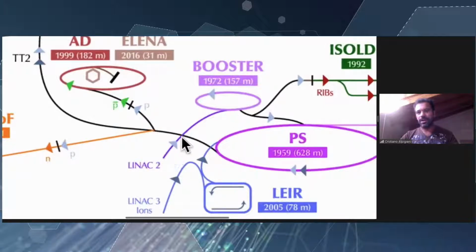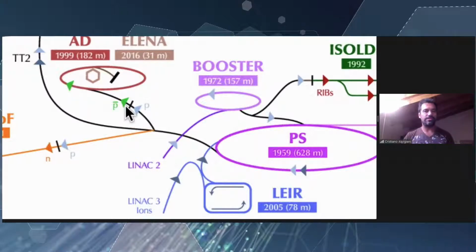So there are three accelerators that are used to pre-accelerate the protons. The first one is the LINAC, then the booster, and then the proton synchrotron. In the proton synchrotron, the protons already travel at basically the speed of light. When the protons reach the maximum speed in the proton synchrotron, they are extracted and sent into a target of iridium.